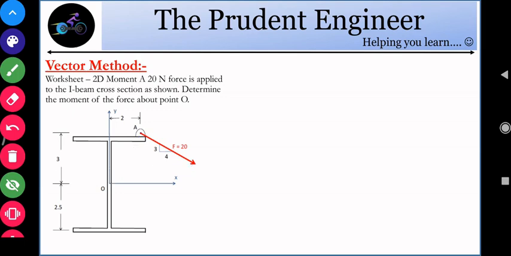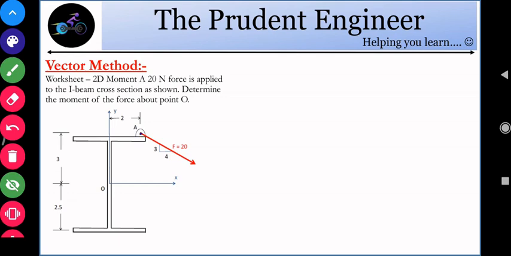There are two methods to do that. The first one is the vector method and the second is the scalar method. I'm going to tell you the vector method first. If you have seen my previous videos, I have made a video on how to represent force in 2D. If you haven't seen that video, please do check it.